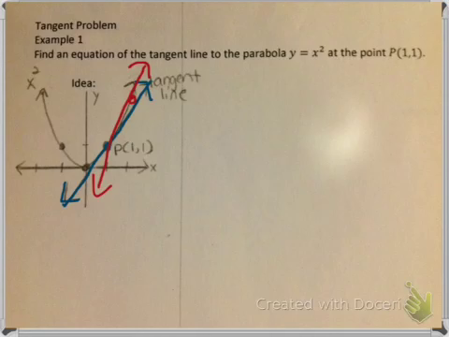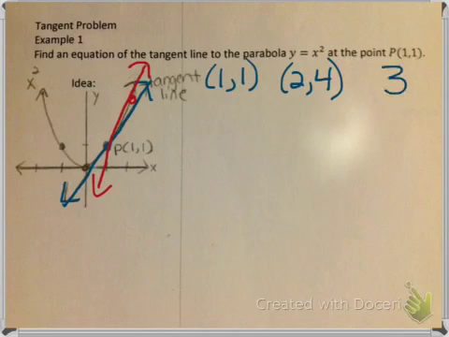If I find the slope between (1, 1) and (2, 4), I get 3. That's 4 minus 1 over 2 minus 1.